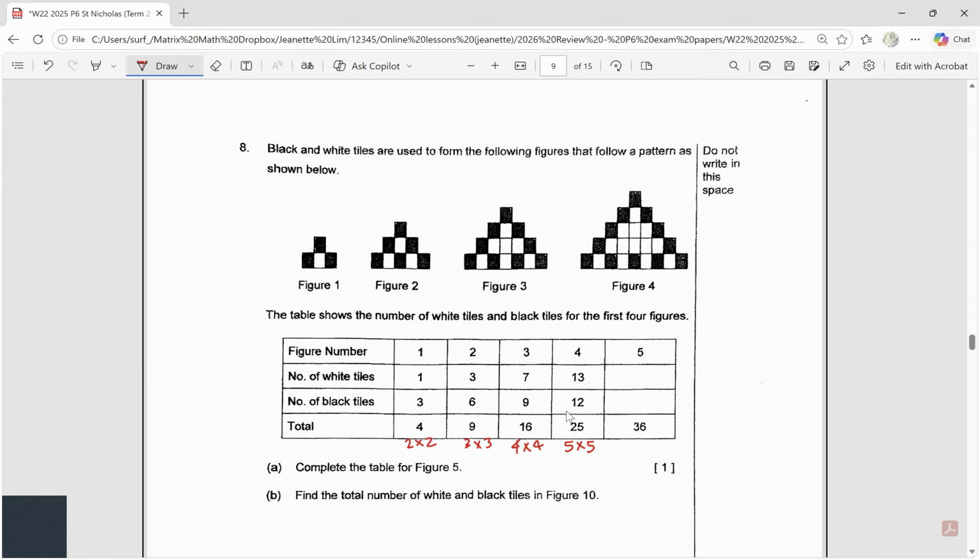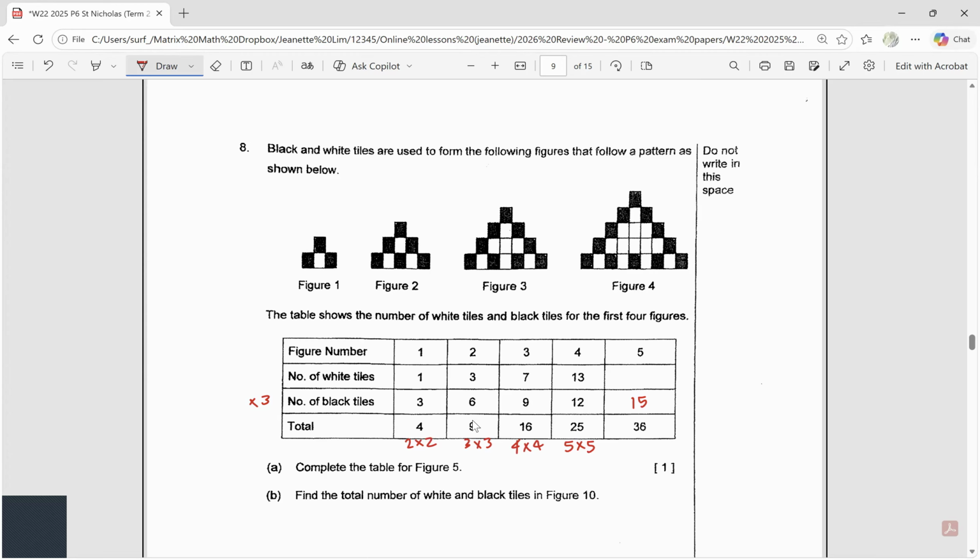Then for white, you have to add 3, then add 4, add 6. The number keeps changing. But for the black, 3, 6, 9, 12, notice it's a multiple of 3. 12 is 4 times 3, so the next one is 5 times 3, 15.